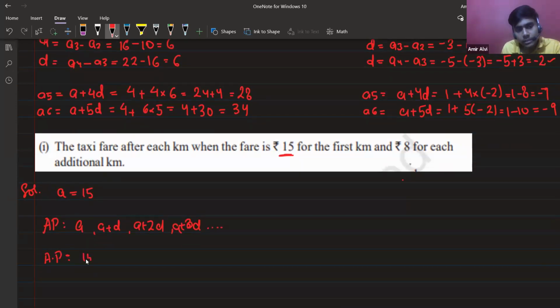A is 15, so 15 plus 8 is 23, and 15 plus 2 into 8 is 31.